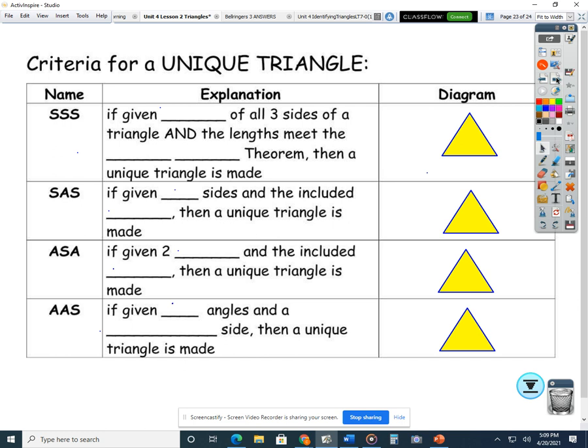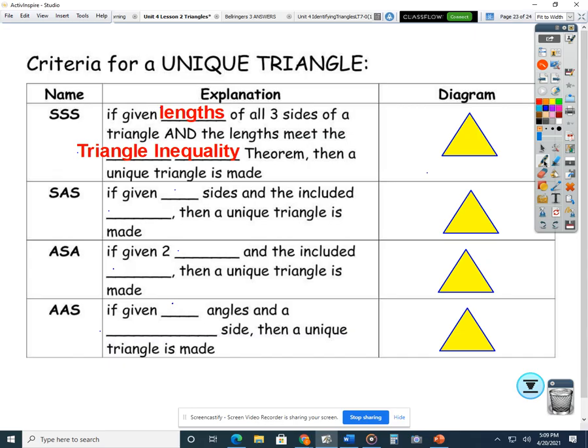So our first one is the SSS. That means side, side, side. And it tells us that if we are given the lengths of all 3 sides of a triangle and the lengths meet the triangle inequality theorem, then a unique triangle is made. So let's add to our diagram section over here. You want to draw your triangle.